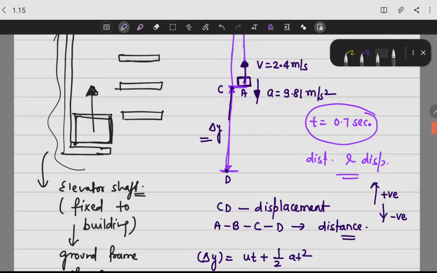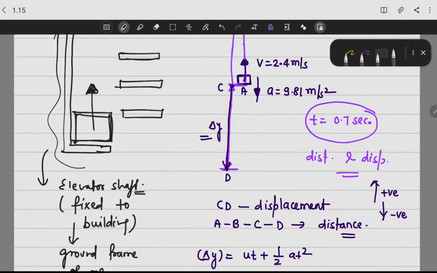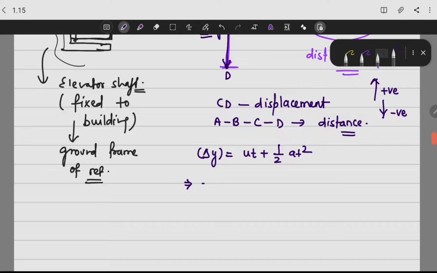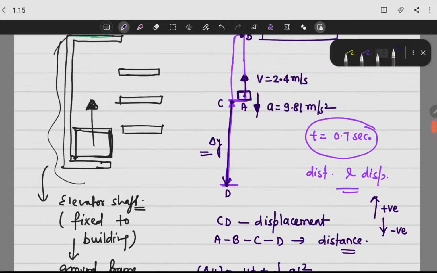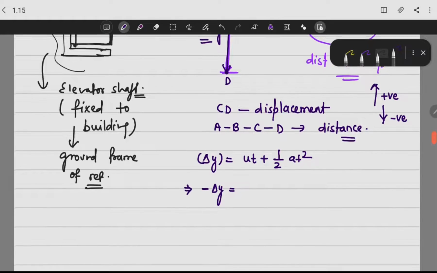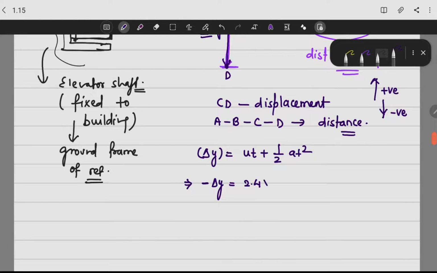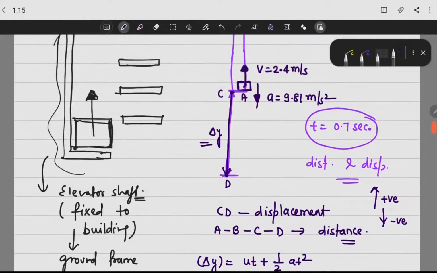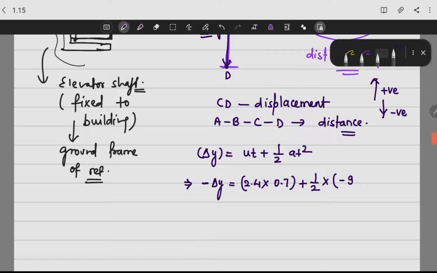So the displacement is in the downward direction, so we can write minus delta y is equal to u in the upward direction, 2.4, into the total time, 0.7 seconds, plus half into the acceleration, which is in the downward direction, so minus 9.81 into 0.7 whole square.